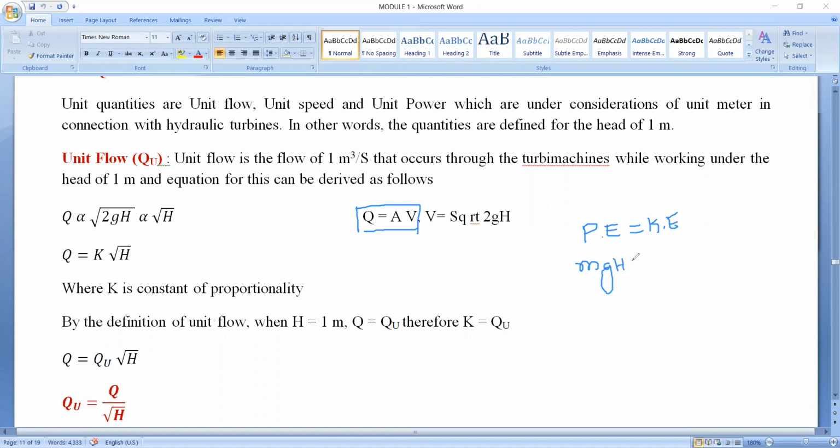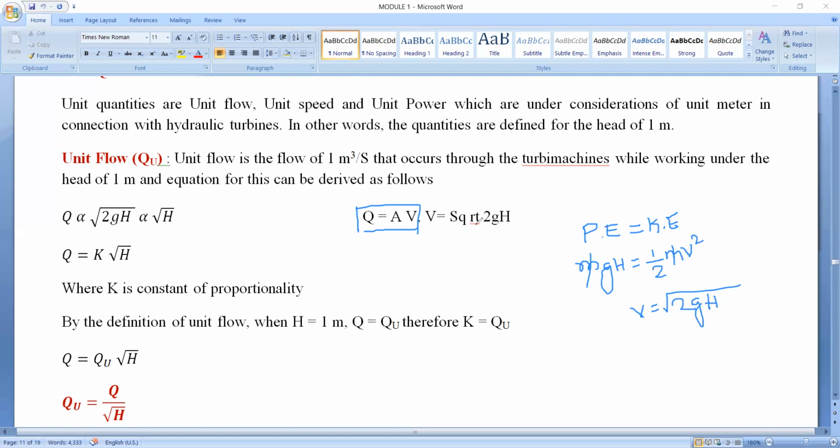And kinetic energy can be written as half mv squared, the energy possessed by the body by virtue of its motion. Now here m will get cancelled, and just do the cross multiplication and take the square to the left-hand side. You will get v equals root of 2gh. So this is how we get v equals root 2gh.